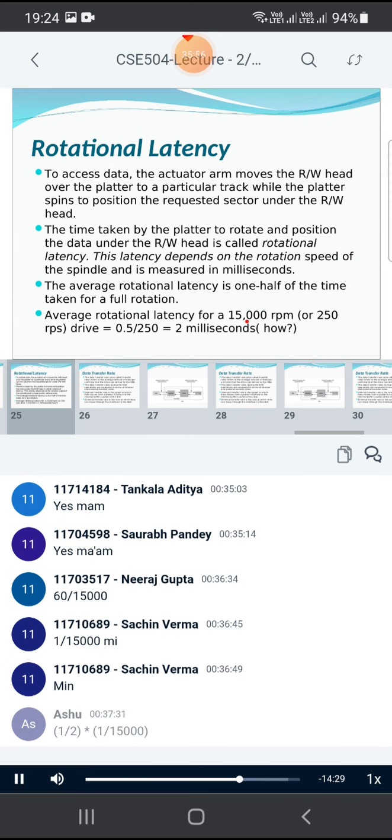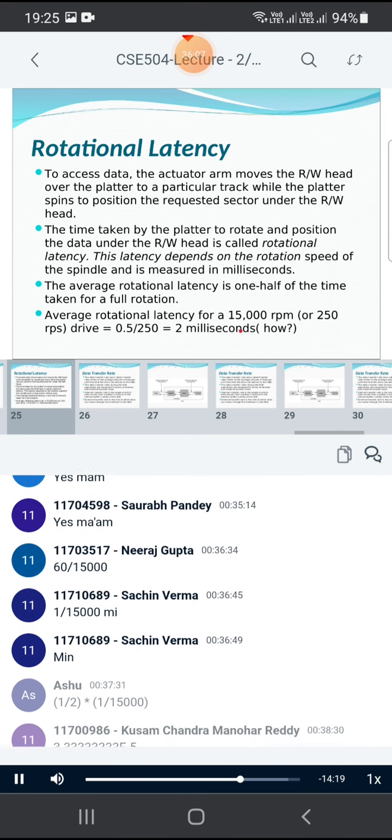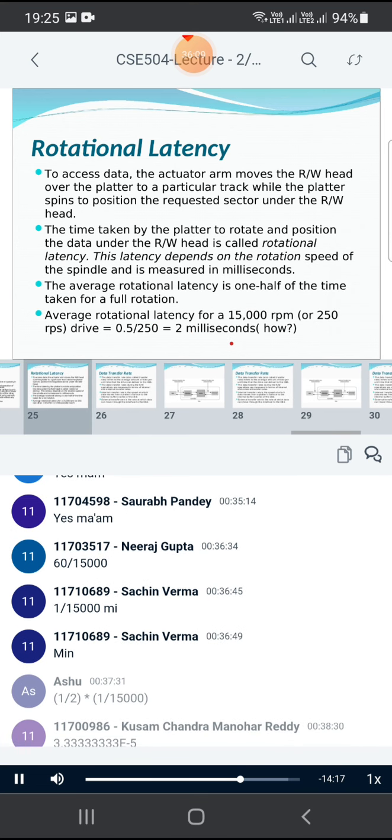Average rotational latency is half. Half means you need to multiply it with 1 by 2 or with 0.5. And this is how we calculate average rotational latency in milliseconds. So you will be multiplying 1 by 2 into 1 by 15,000. Calculate what you have got.